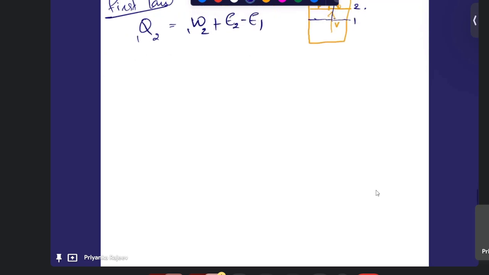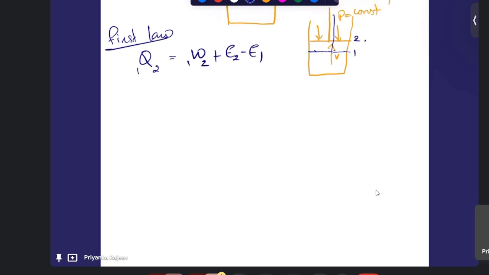If I'm saying that this piston is moving with a constant velocity, and there is no change in elevation, constant velocity means no change in kinetic energy, delta KE equals 0.